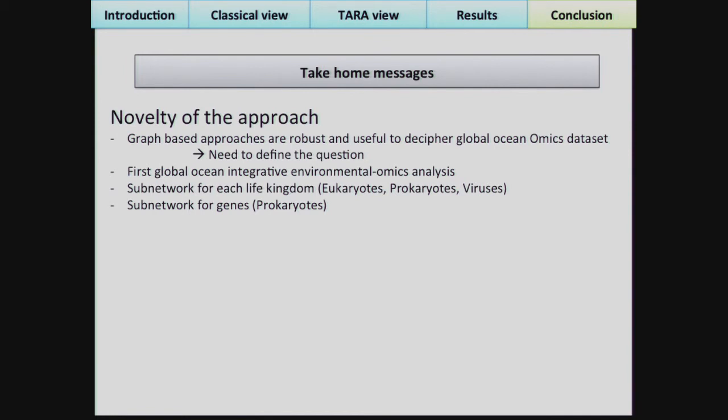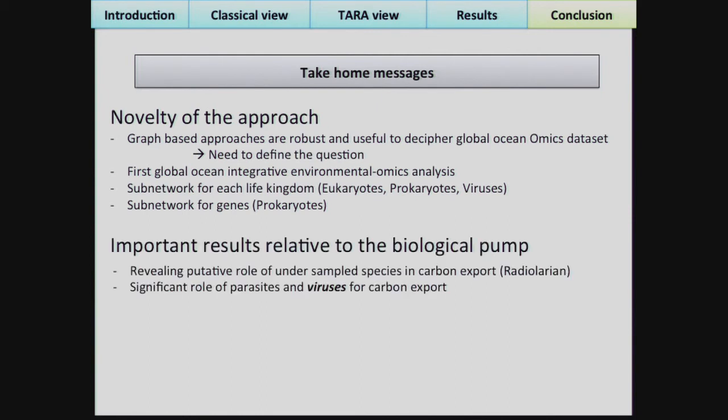We extracted the subnetworks that are related to carbon export for each of the life kingdoms. And related to carbon export, a few species that were not thought to be important came out of this analysis. Again, radiolarian was one of them. Fabrice is going to talk about it. And we were able to predict up to 90% of the variability of carbon export with viruses. That was really not expected.